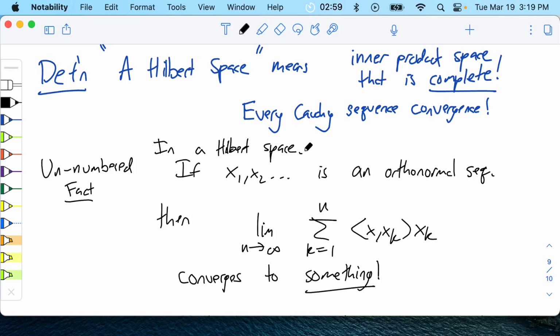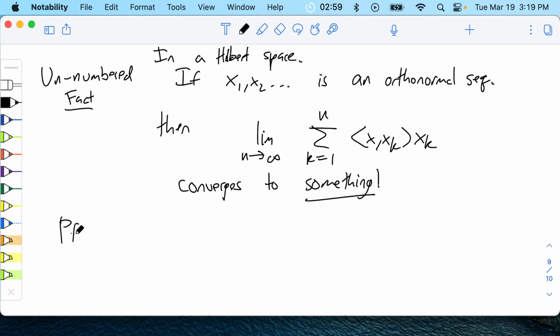Why does it converge to something? Well, the proof is very simple, since it's absolutely summable.